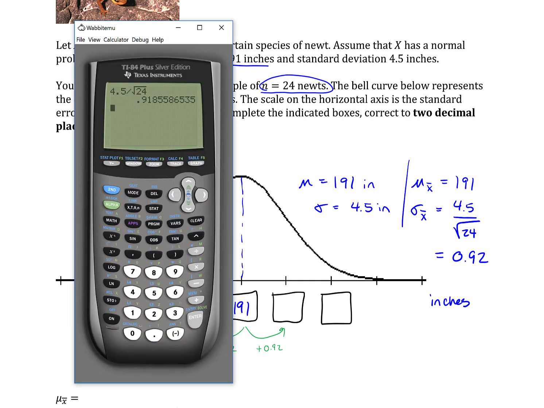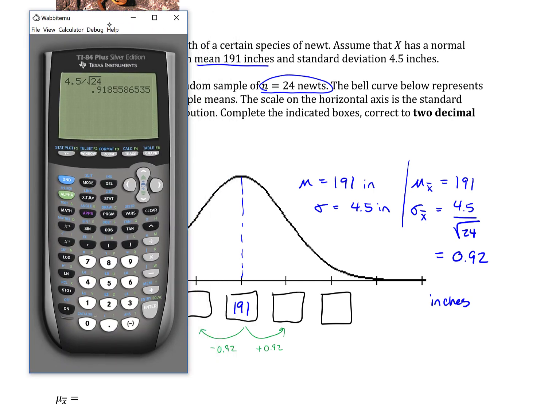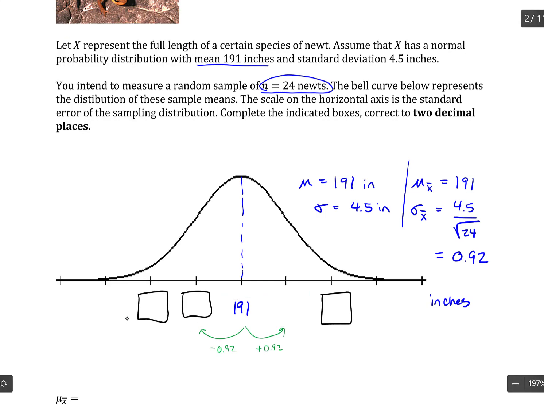So using the calculator, if I take 191 minus 0.92 and 191 plus 0.92, then 190.08, and I'm going to get rid of my box so I have a little bit more room to write, 190.08, that one's that way, and 191.92 this way.